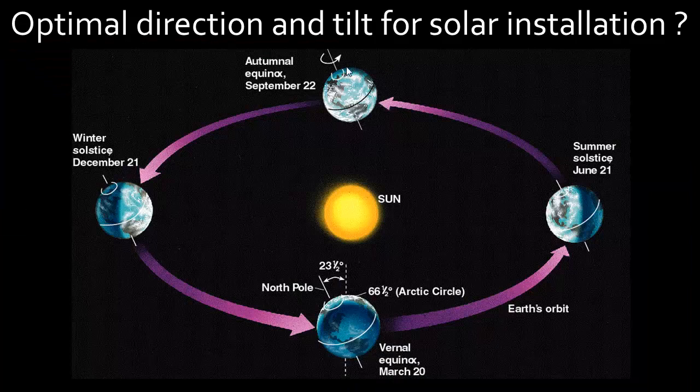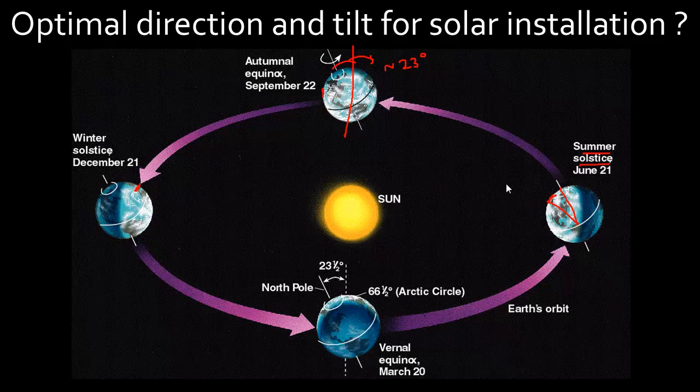Another thing we need to take into account, which makes this even more complex, is that the earth is tilted with respect to its axis of rotation. We all know that the earth is tilted at an angle of approximately 23 degrees. So at a point in the northern hemisphere during the summertime, at summer solstice, the angle at which my panel should face the sun is reduced.